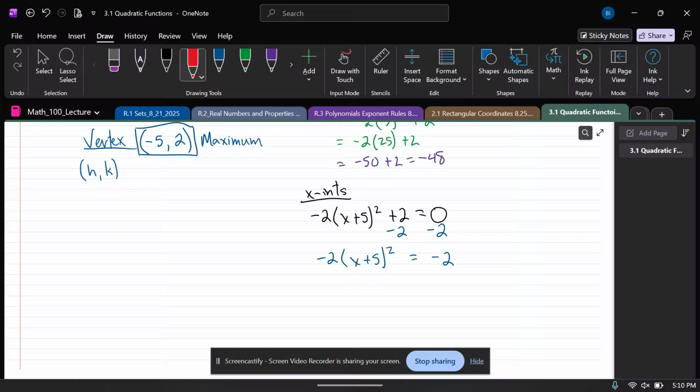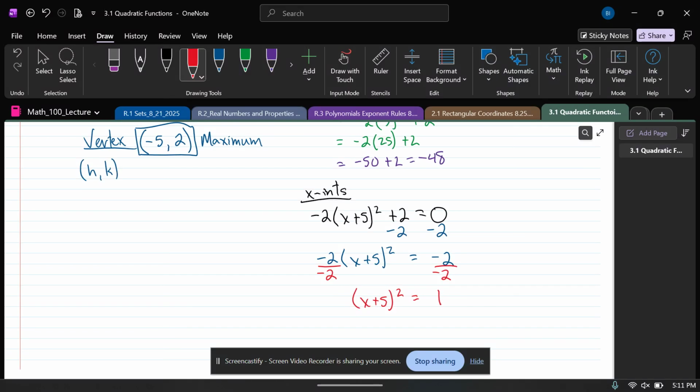I just moved that 2 that wasn't even attached to the parentheses at all, moved it over here. And now I'm going to get rid of this negative 2 that's in the front by division. I'm going to divide by that negative 2. That's x plus 5 squared. Negative 2 divided by negative 2 is positive 1.